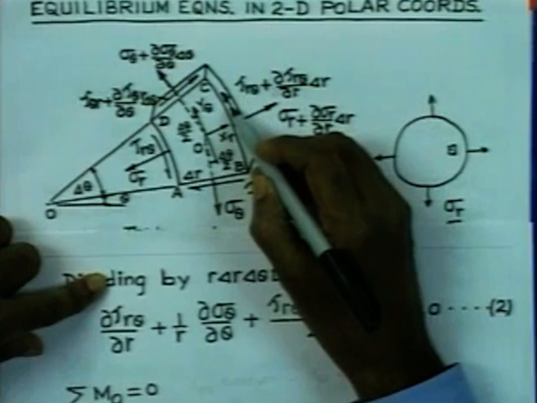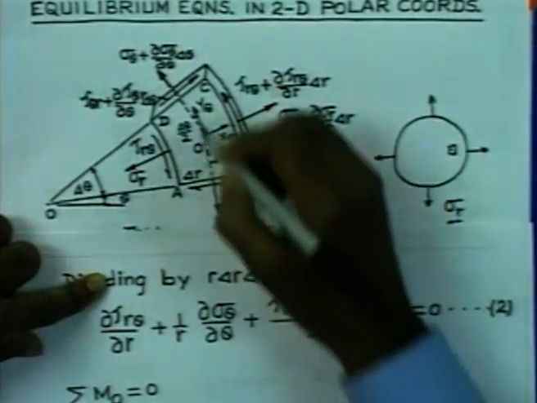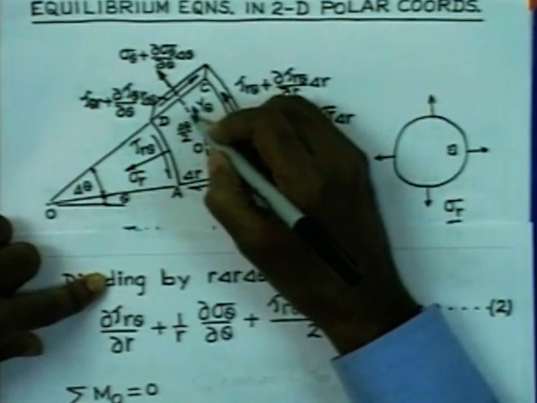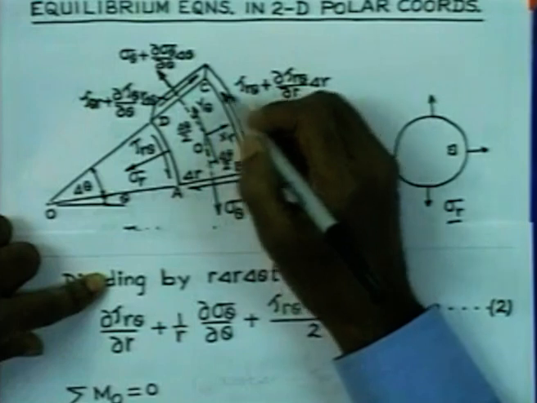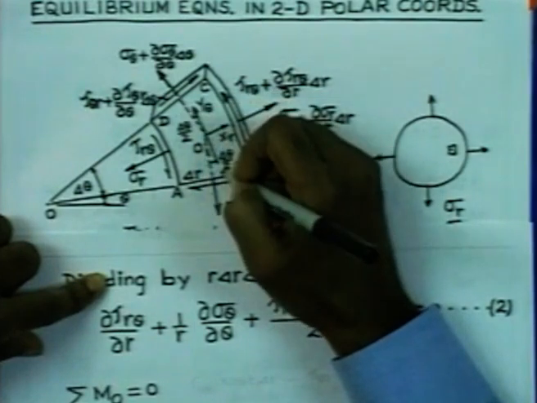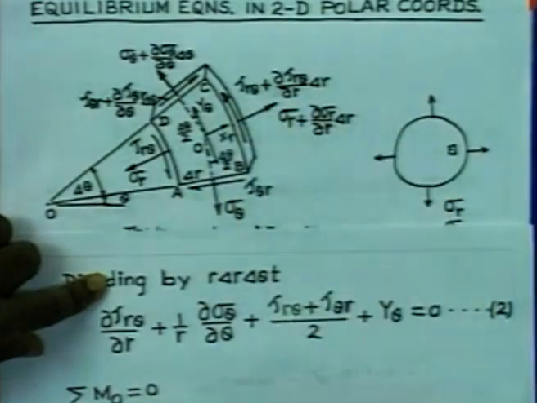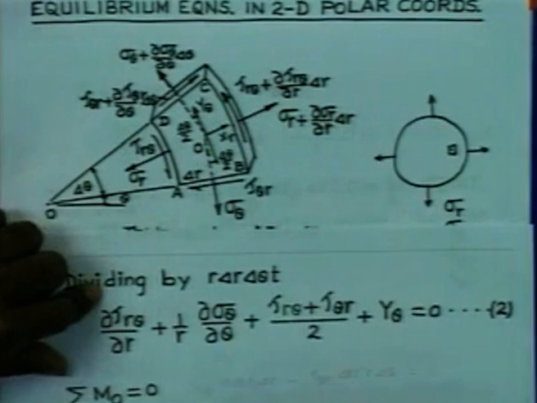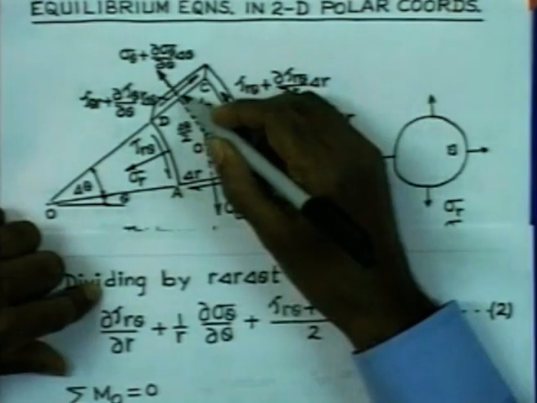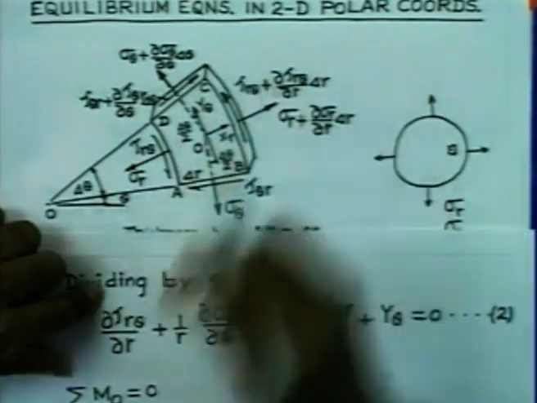We have stresses like tau r theta acting on faces whose area can be taken by the average spread of the arc here, which we can take to be r into delta theta into t.